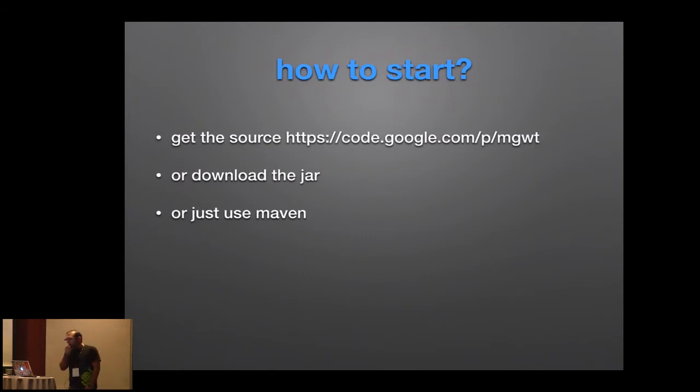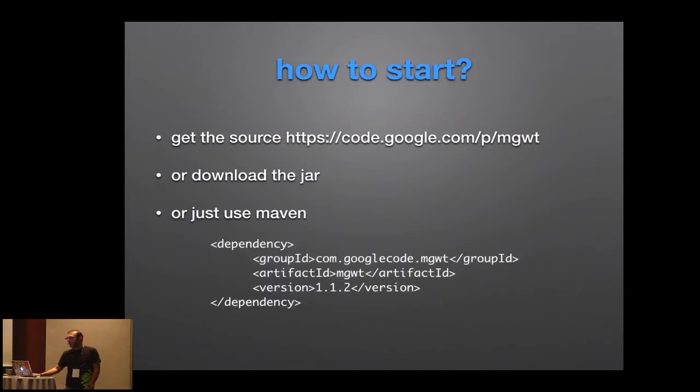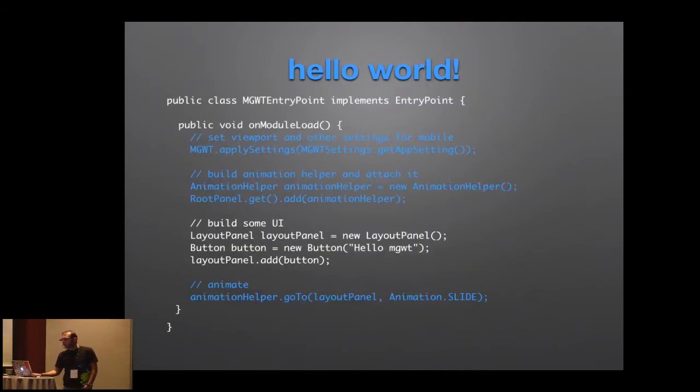How to start? You can get the source code from the repository, or you can just download the jar file, or you can use the Maven archetype or the Maven dependency, which I prefer most of the time. To start with MGWT, if you're coming from a GWT background, it's pretty easy.